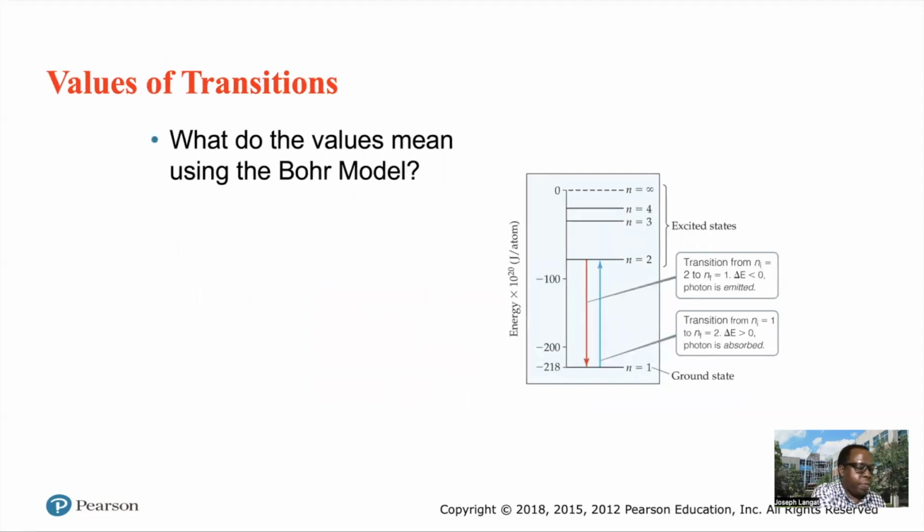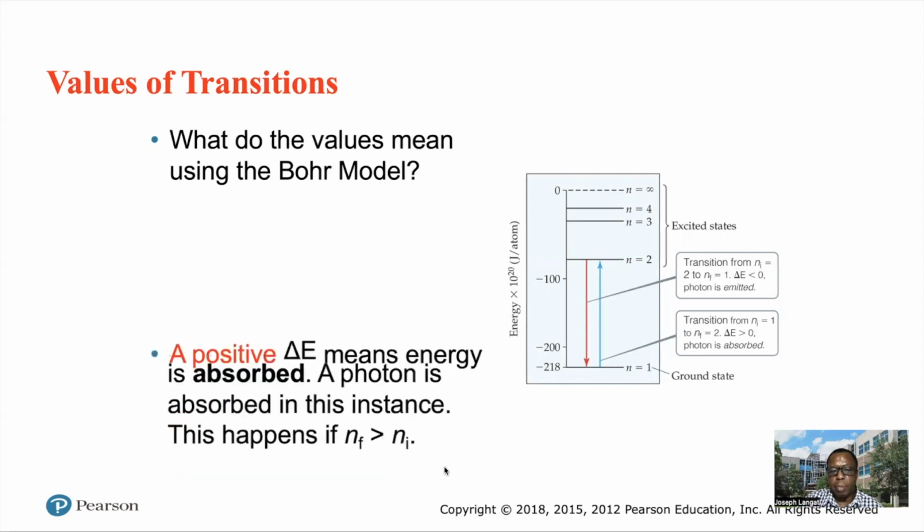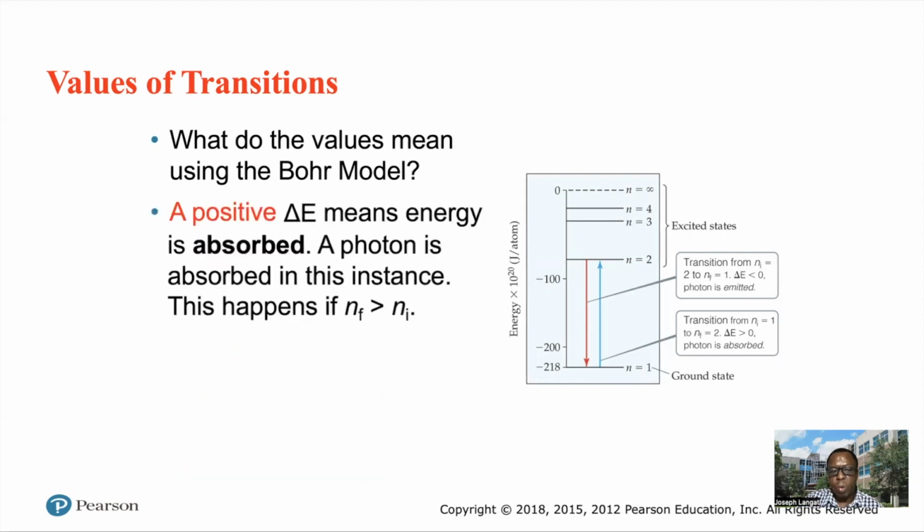So we're going to have the relaxation, the absorption, the emission of light, all right? Absorption, emission of light, transition. What do the values mean using Bohr's model? You just have to understand the transition here has to do with absorption or emission.